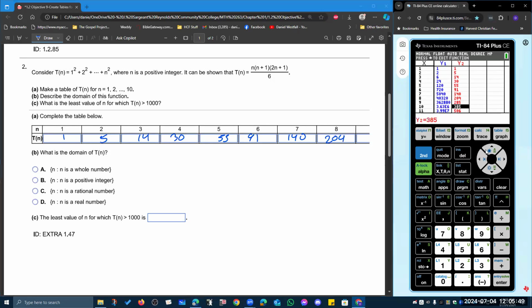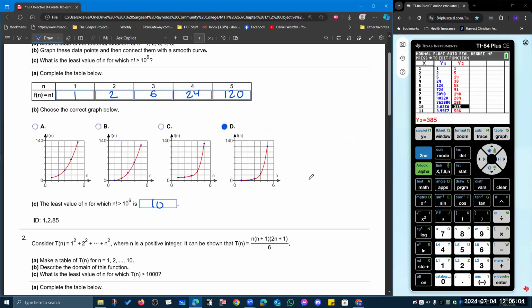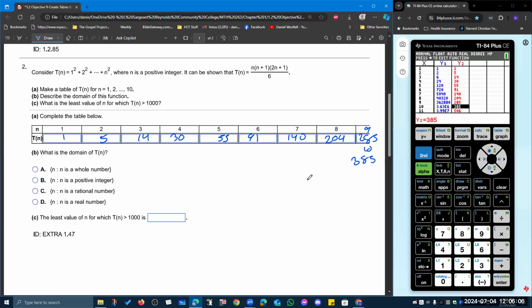It wants the first 10, so 285, and then 385, this is 9, this is 10. Did I get, yeah, it only wanted the first 5 for that.